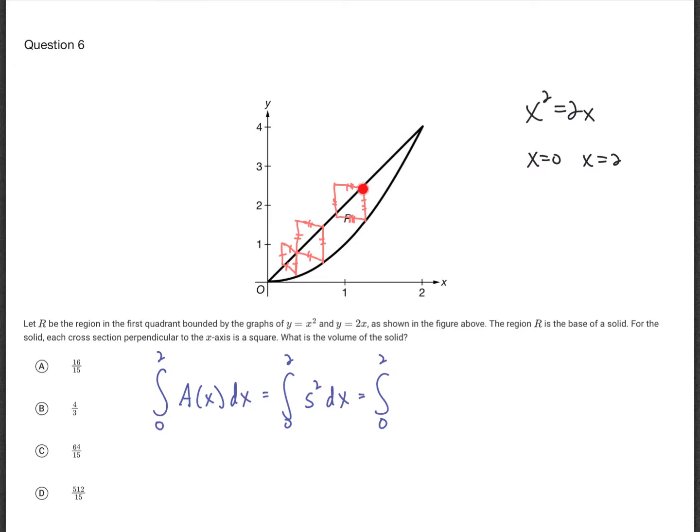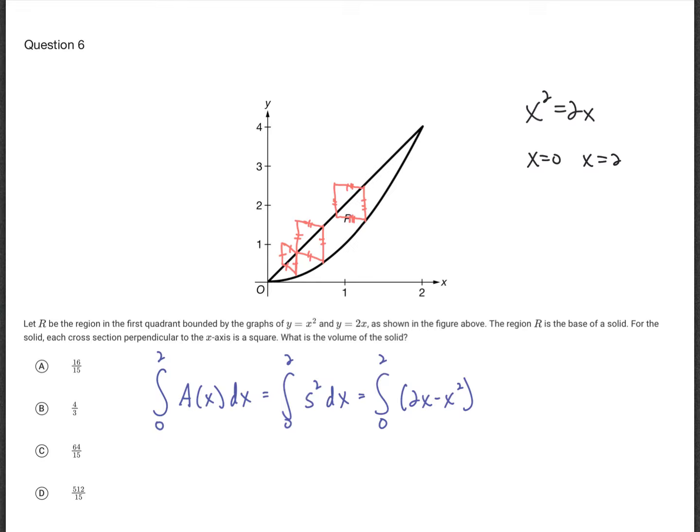And anytime you want a vertical distance between two functions, you just subtract the two functions that are in terms of x. So do top minus bottom. The top is the linear function, and the bottom is this quadratic.